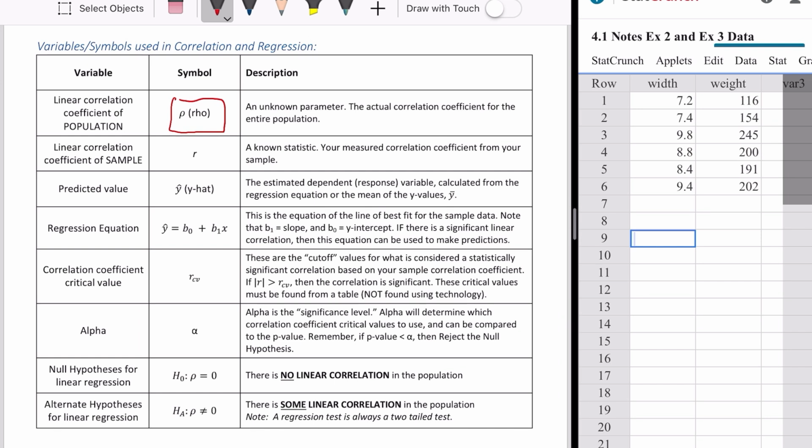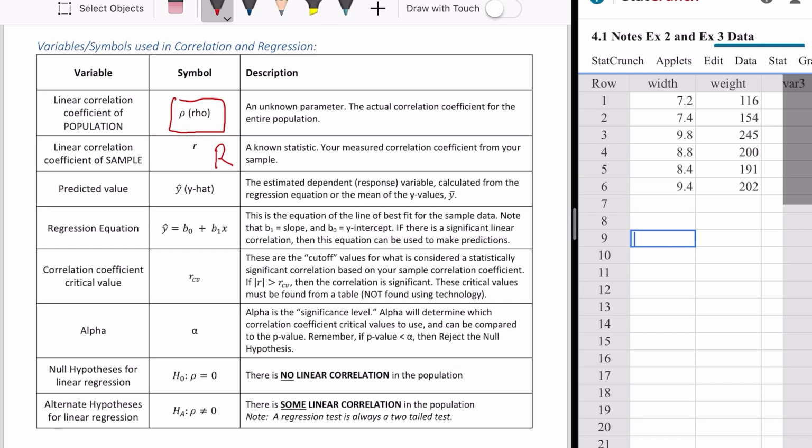We've had other population parameters that have had Greek symbols, like standard deviation had sigma, and mean had mu, and now we're looking at the correlation coefficient, and it has rho as its symbol. But that's for the population parameter. Do we have one for the sample? Yeah, so our sample correlation coefficient is just called R. And actually in StatCrunch it has it as a capital R, but either way is fine to write down.